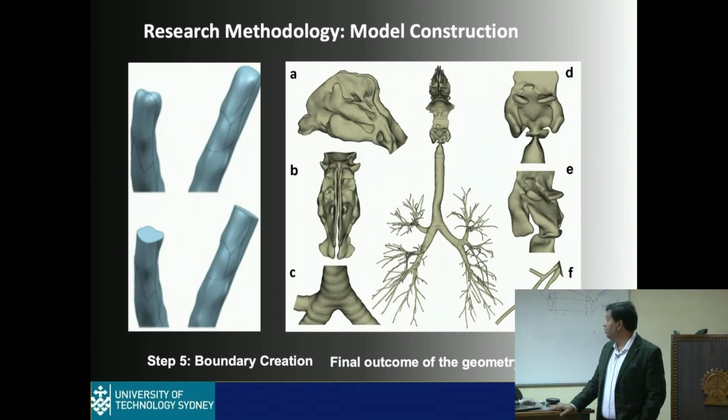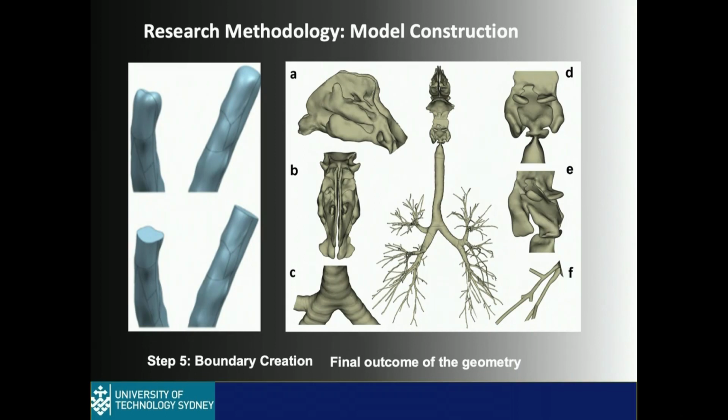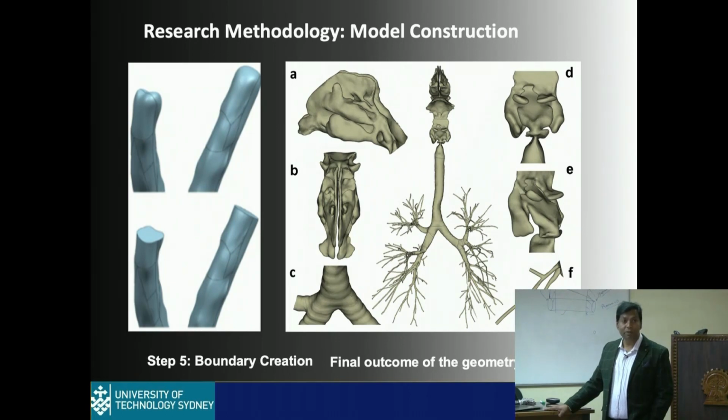But in Australia it is very hard to get ethical clearance to get this data from the hospital. It is possible, but it is a very long way to go. So I contacted someone in India, and we got the lung CT scan from India. When you do the CT scan, they cannot do the whole lung at once, so they do it part by part.